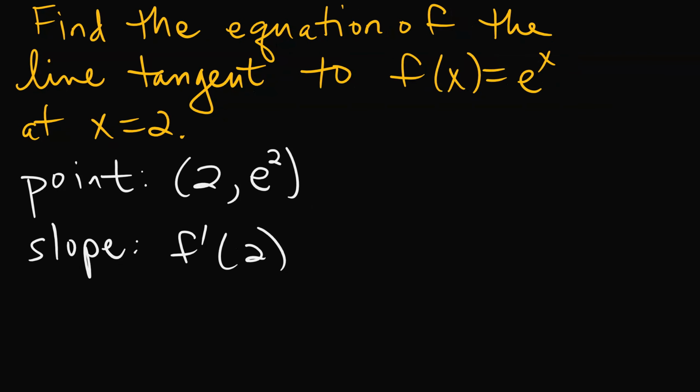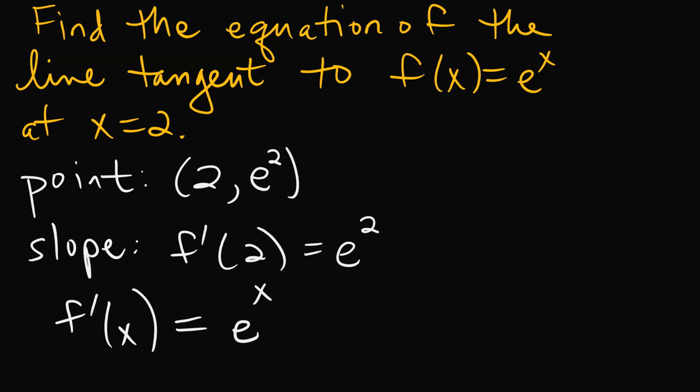To finish finding our slope, we need f prime of x. Well, we know that f prime of x is just the exponential function, and so f prime of 2 is just plugging in 2 to that function, so we get e squared again.